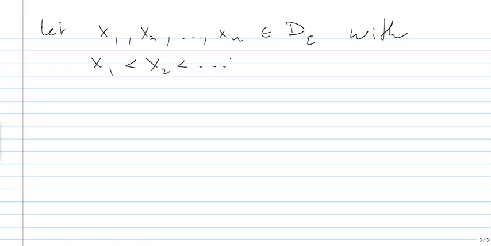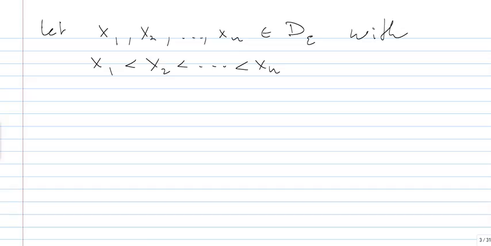So let x1, x2, up to xn belong to D epsilon with, we can always assume this, x1 less than x2 less than xn.